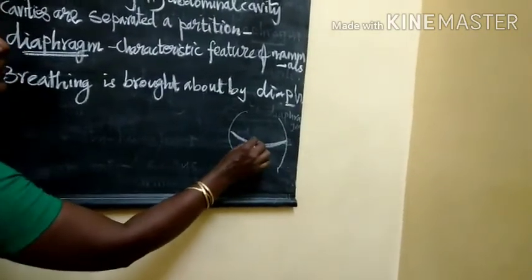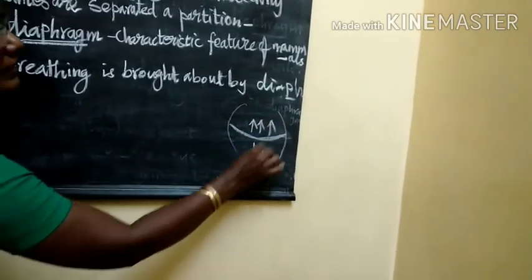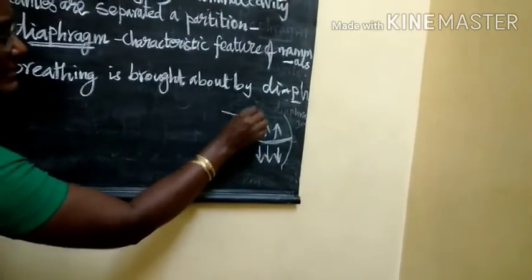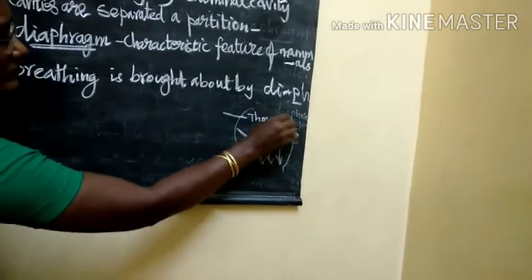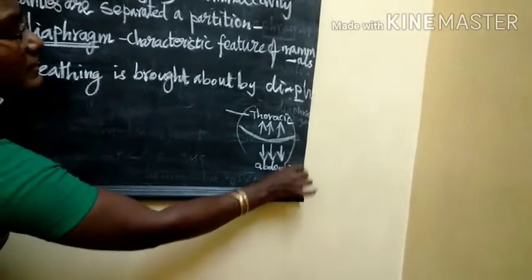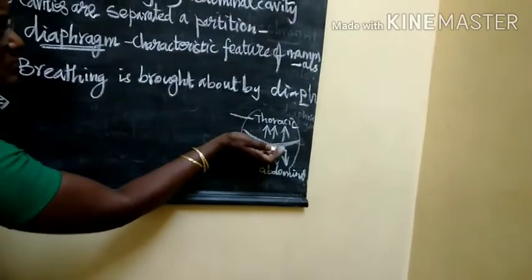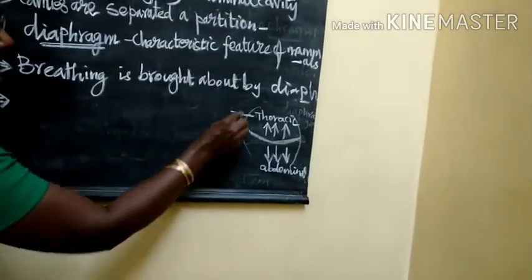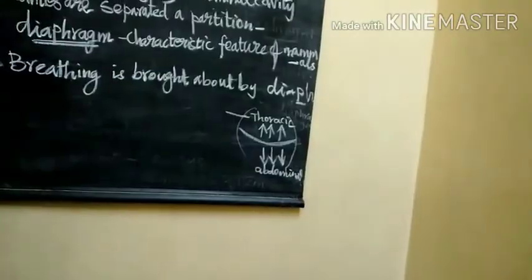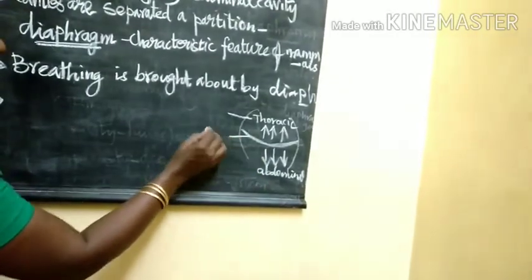The diaphragm moves up and down. This is the thoracic cavity. This is the abdominal cavity. When it moves upwards, the air in the thoracic cavity is pushed outwards, and when it is going down, the air is inhaled. So this is the role of diaphragm.